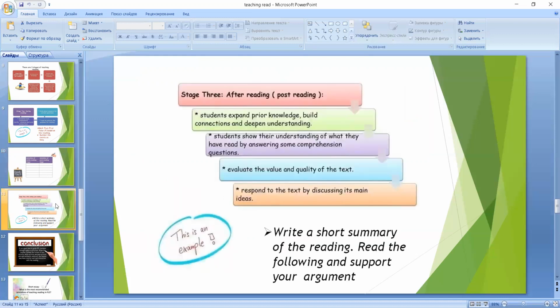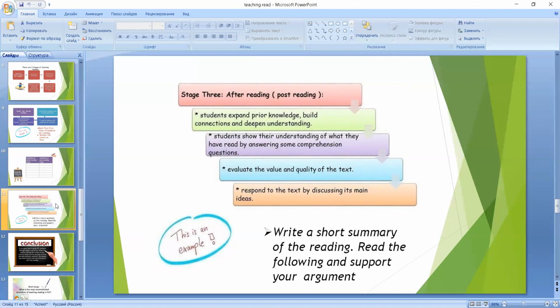Stage three, after reading or post-reading: students expand prior knowledge, build connections, and deepen understanding. How can we understand it? For example, a student or reader wants to read and understand deeply.